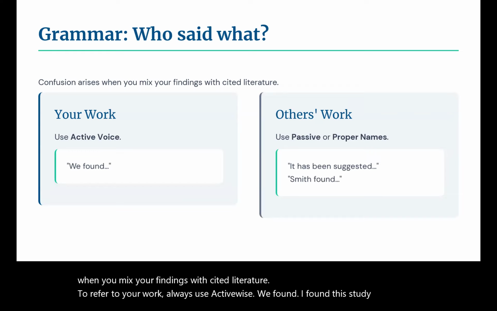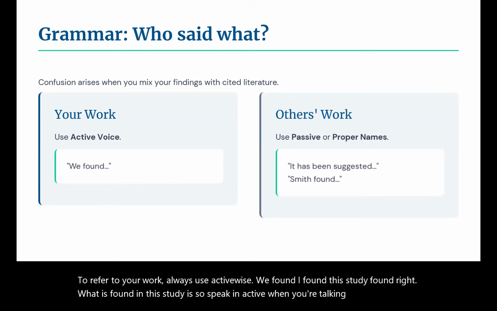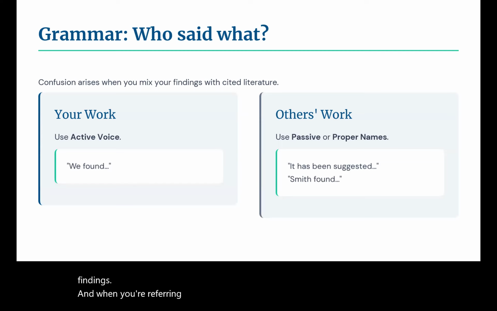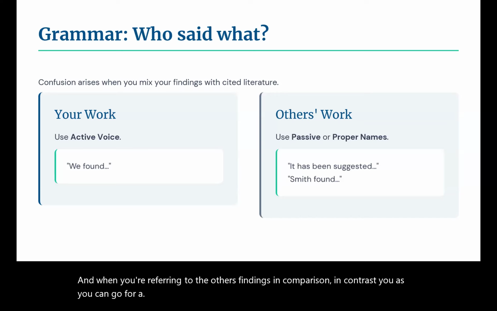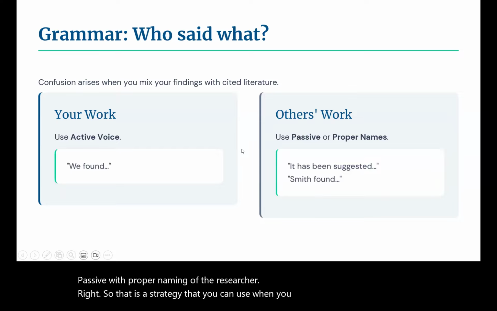What is found in this study is, so speak in active when you're talking about your findings. And when you're referring to others' findings in comparison or in contrast to yours, you can go for a passive with proper naming of the researcher, right? So that's a strategy that you can use when you are comparing your findings with the literature.